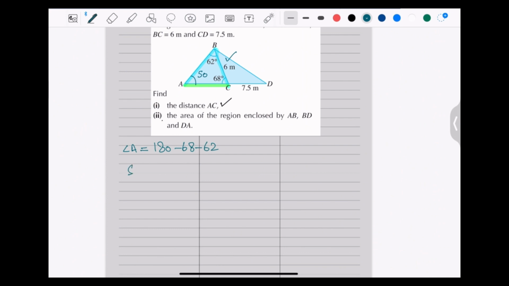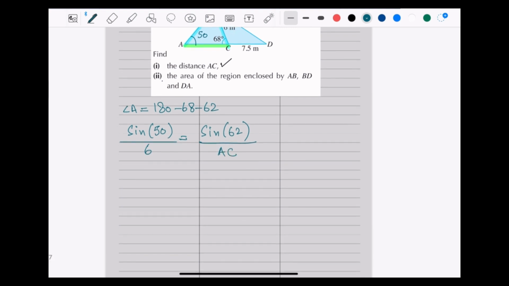Now sine of angle 50 over 6 is equal to sine of angle 62 over AC. And AC is going to be 6 sine 62 over sine 50. You can plug it in your calculator and check the values.